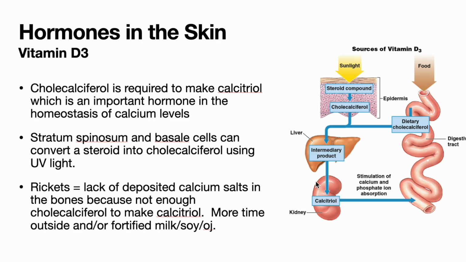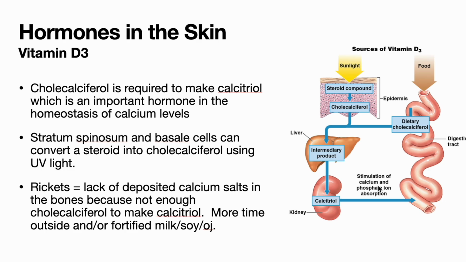So cholecalciferol made in the skin using sunlight and a steroid compound found in keratinocytes will ultimately be changed into calcitriol by the kidneys. That's important because the kidneys can release calcitriol where it will go to the intestines and stimulate the absorption of calcium and phosphate. So if calcium levels in the blood are low, we would want to absorb more calcium from our gut.